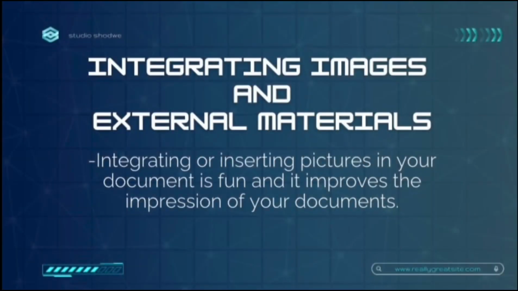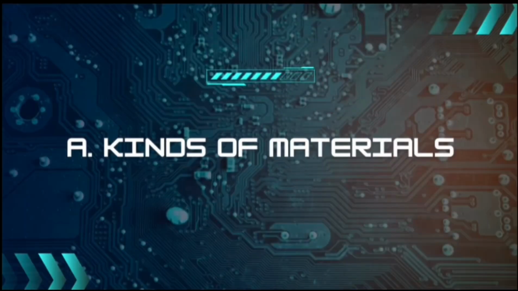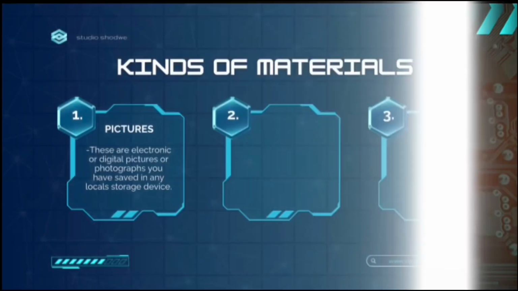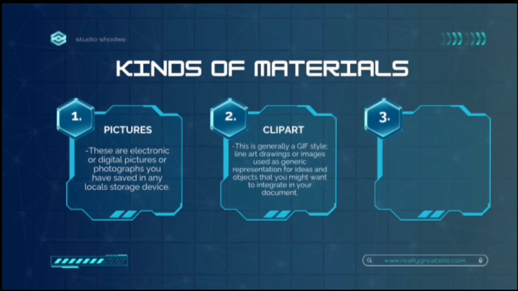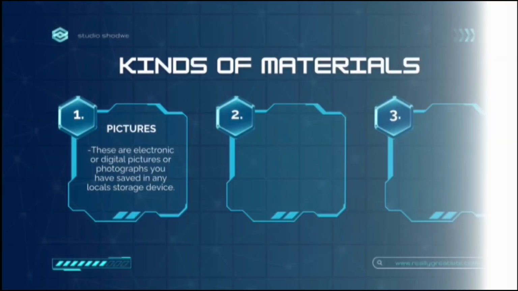External materials. Integrating or inserting pictures in your document is fun and it improves the impression of your documents. There are kinds of materials. Number 1, pictures. Number 2, clip art. Pictures.